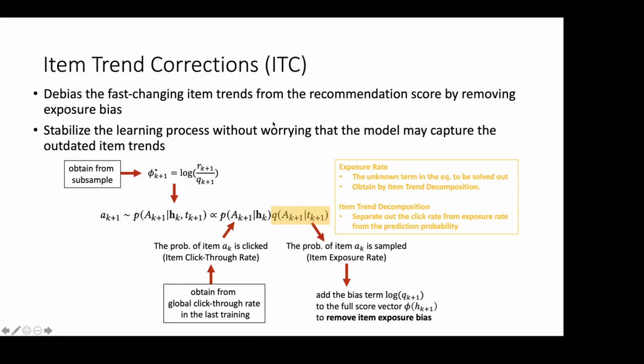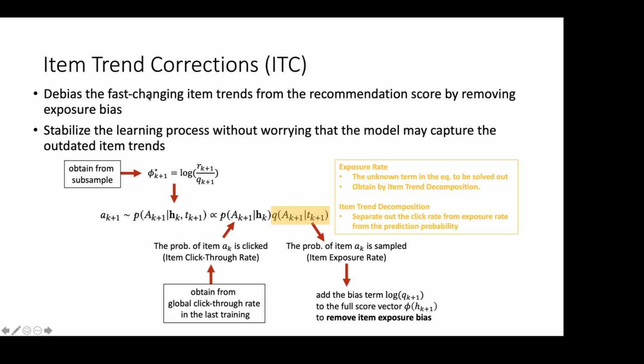Item trend correction is also known as ITC. It divides the fast-changing item trends. By trends, I mean the popularity or the exposure rate or the frequency with which an item appears to users.